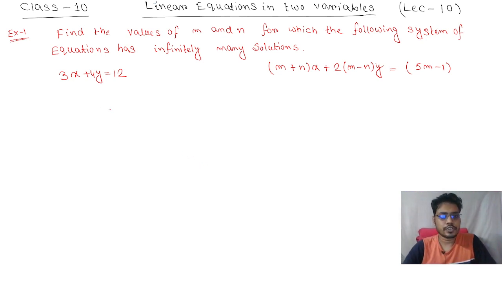Now first you have to arrange in the order of a1x plus b1y plus c1 equals 0.